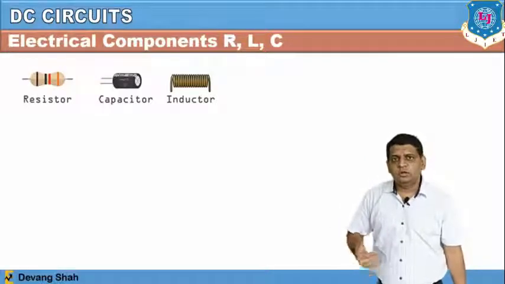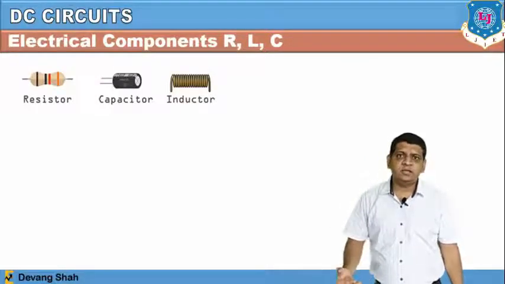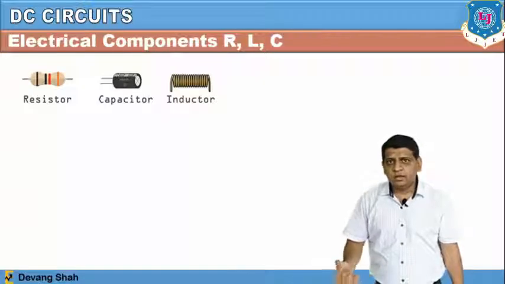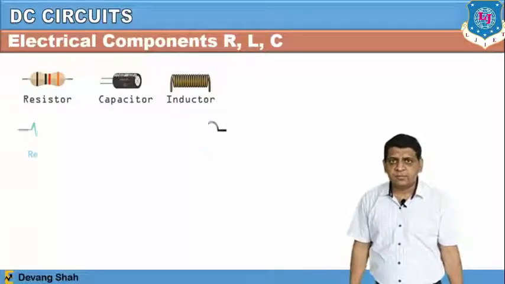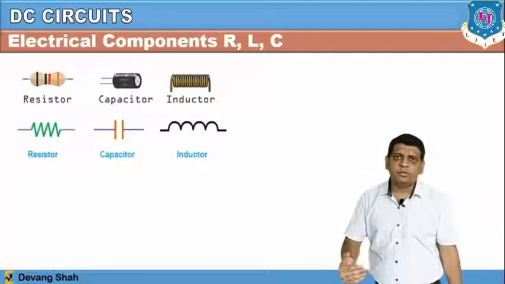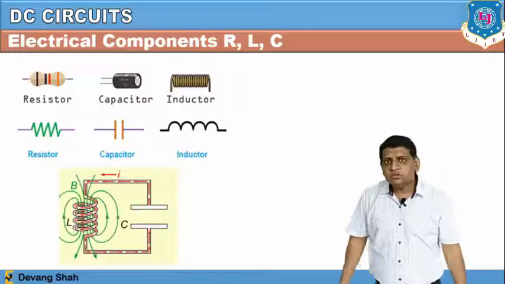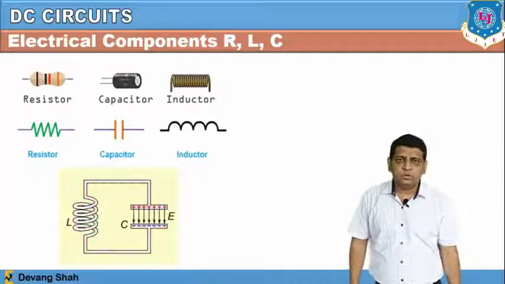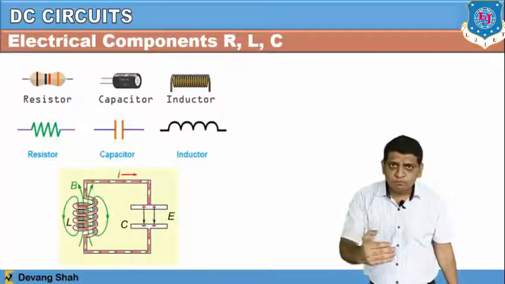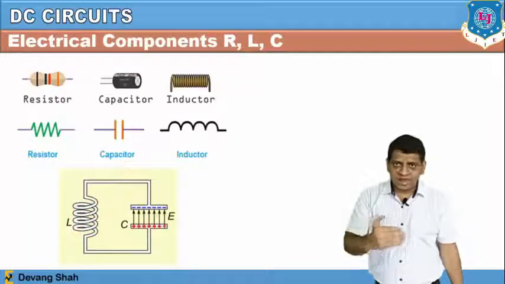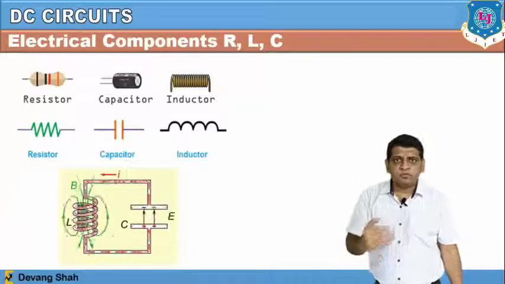These are the symbols of resistance, inductor, and capacitor, and these are their units. The unit of resistance is ohm, the unit of inductor is Henry, and the unit of capacitor is Farad.